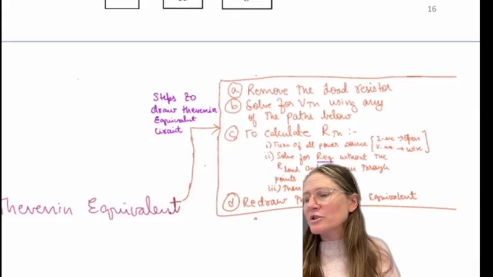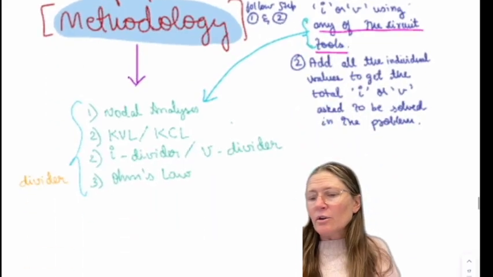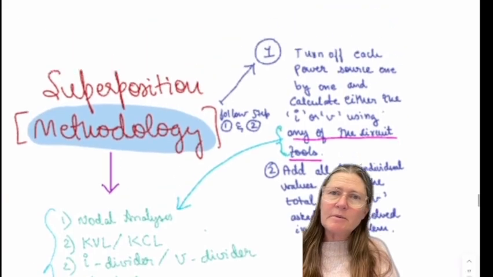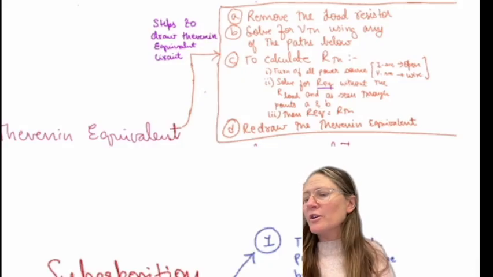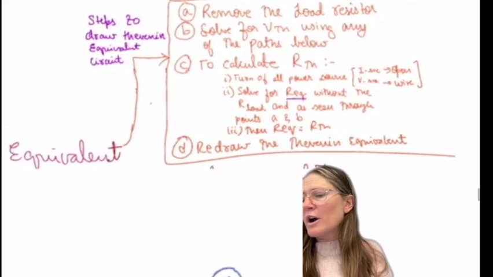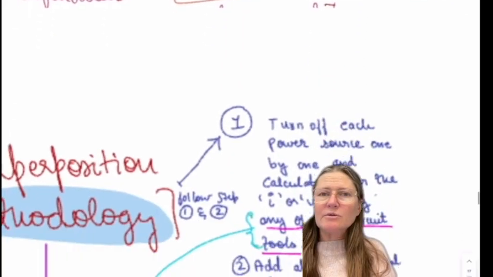Remove the load resistor, solve for VTH using any of the paths below, meaning node, KVL, KCL, current divider, voltage divider, Ohm's law. Then calculate RTH: turn off all the power sources, current source goes to open, voltage source to a wire, solve for the R equivalent, and that equals RTH, and then redraw the circuit.